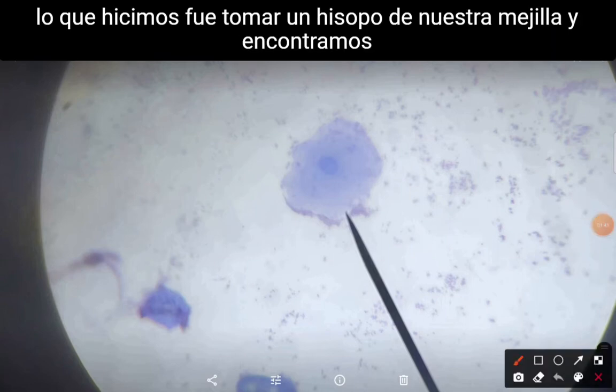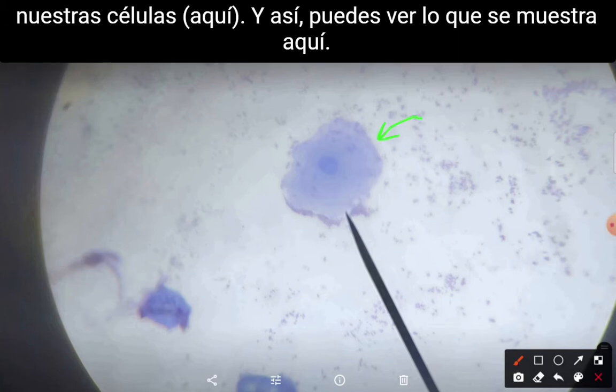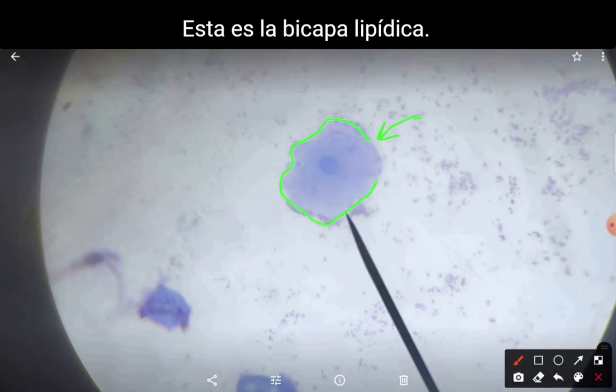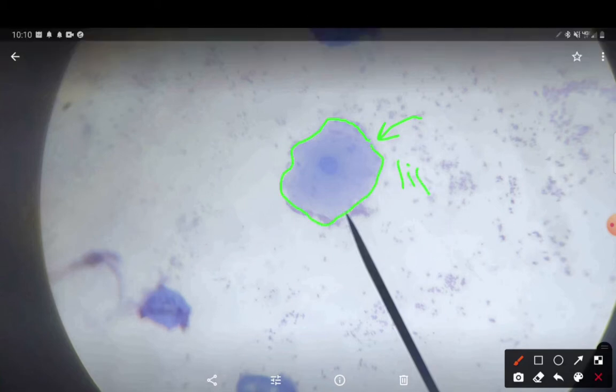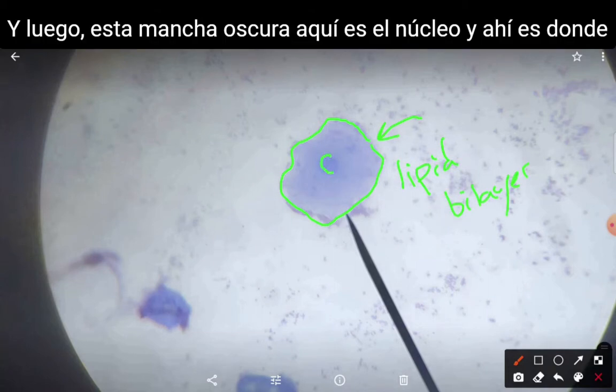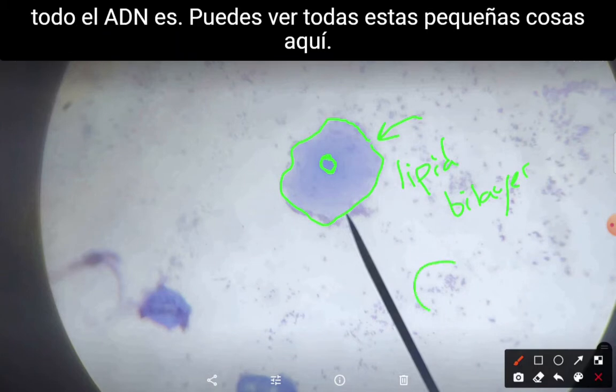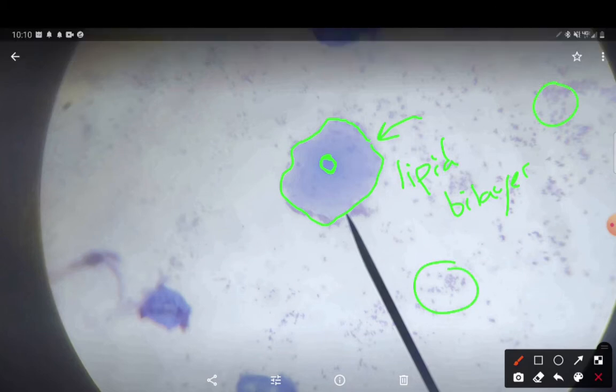Basically, what we did was we took a swab of our cheek and we found our cells here. And so you can see what is shown here. This is the lipid bilayer. And then this dark spot here is the nucleus, and that is where all the DNA is. You can see all this little stuff out here.